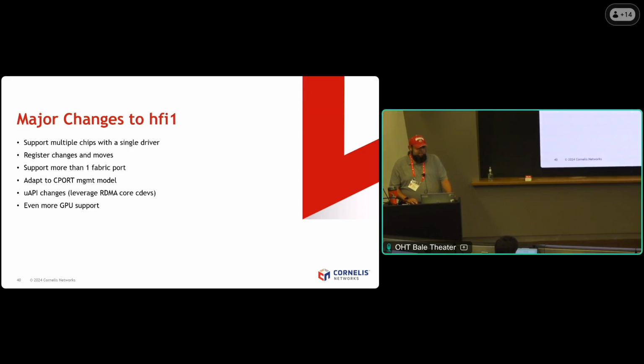The UAPI changes, I kind of alluded to this a little bit. The kernel community does not like the fact that we have our own private character device, and that is going away. We're going to leverage the character device that is owned by the RDMA core, and then obviously we're having even more GPU support.